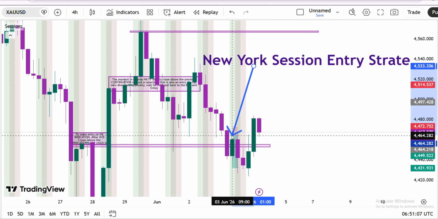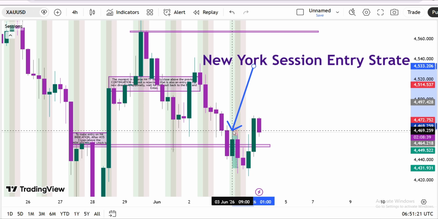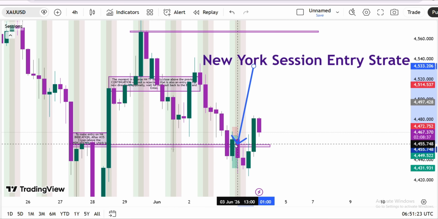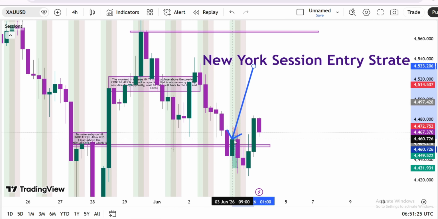All right, so immediately it's 2 p.m. WAT, that is 1 hour from the time New York session opens, what you need to do is observe the 4 hour time frame candle closure, the one that was getting bullish. If it rejects, if it closes with a bearish swing, that means they want to sell down.